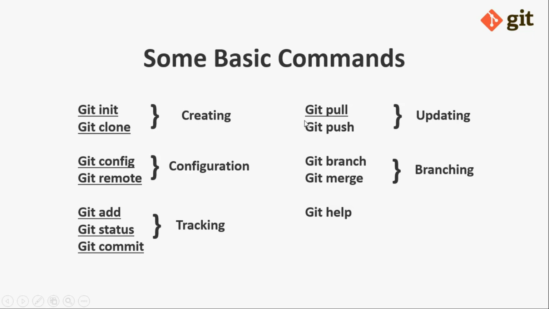And then we have the updating commands. We have git pull and then we have git push. Now git pull is just what it sounds like. You are fetching information from a remote repository and you are bringing it to your local repository. That is what git pull does. It takes from your remote and then it updates your current work with it.